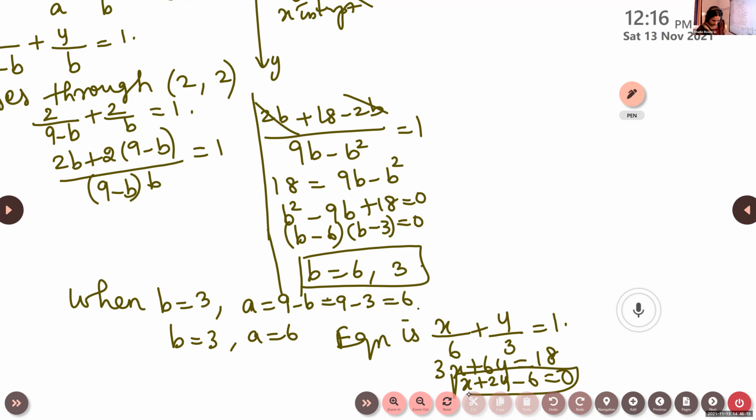Yes, what is the equation? Second equation. Alan Joffe, can you give the second equation?